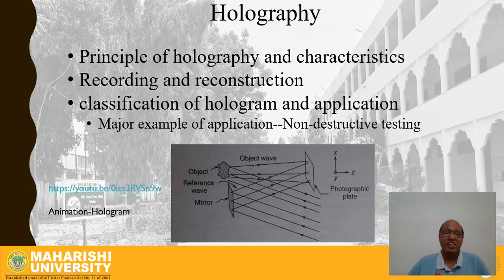A holograph is a method or a recording which will include not only the distribution of intensity of light of the object in the xy plane, but it will also include phase information in the z direction, phase information about the object.